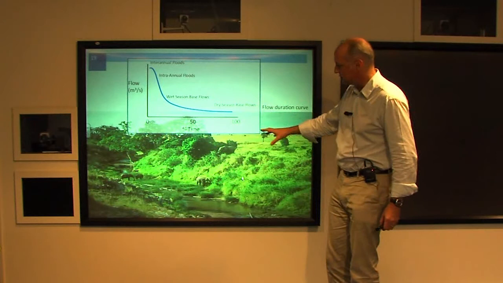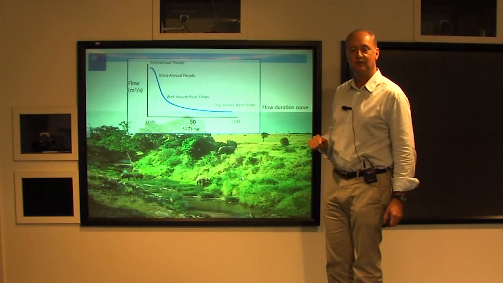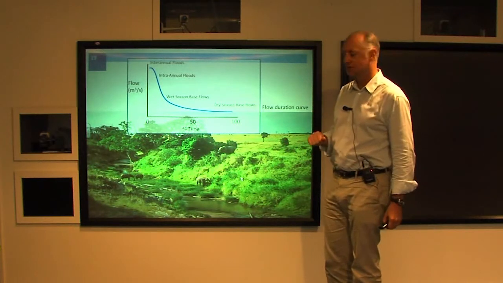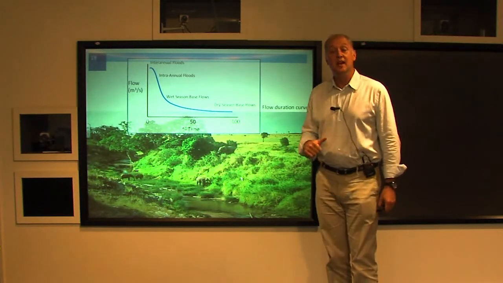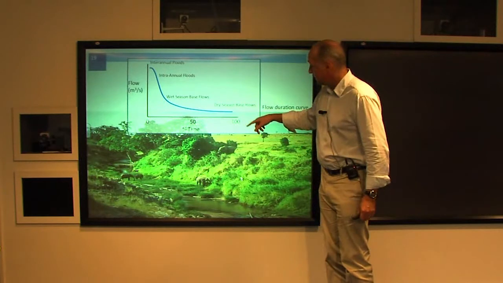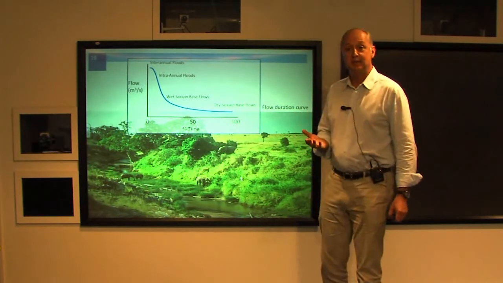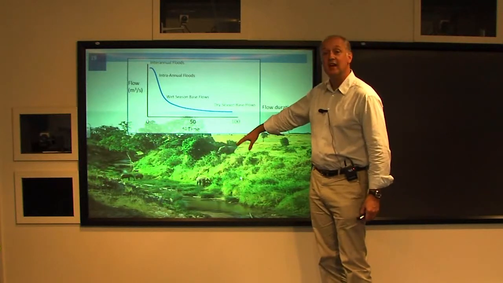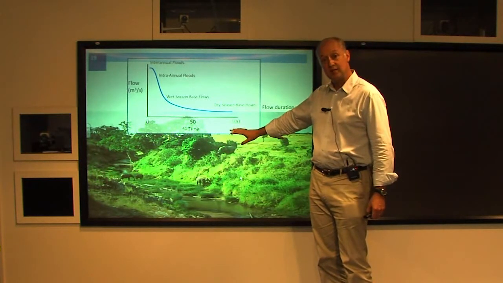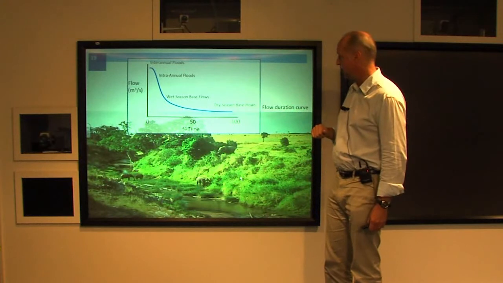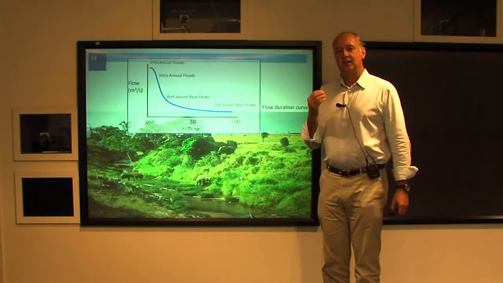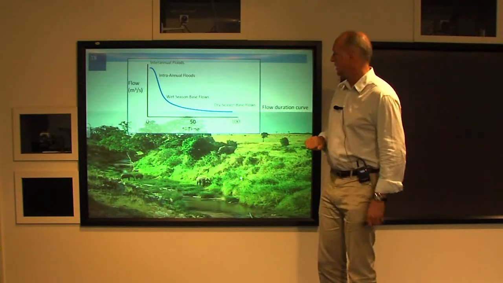You can see the verdant, green corridor of riparian vegetation taking advantage of access to water flowing in this stream. We can see some elephants in the river and in the riparian area utilizing this habitat, of course drinking from the stream, but also perhaps taking advantage of other services that are provided to them by a healthy riparian system. And we can see that this is a system that currently has very low flow levels.